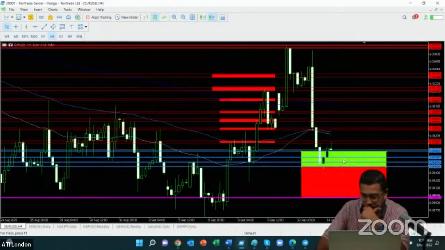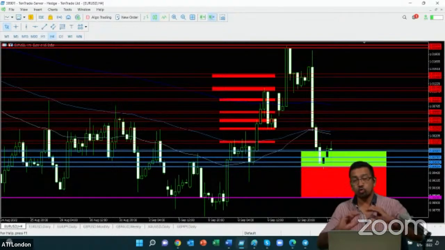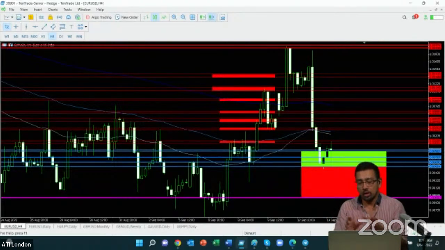That would be better. So this is more a neutral type zone, a no trade type zone, because you need this time to actually make that decision properly.